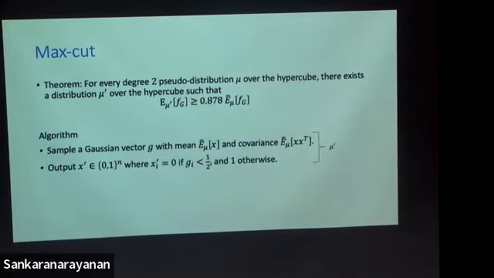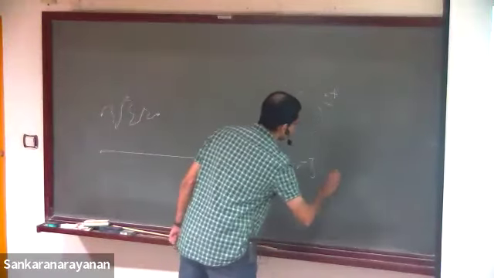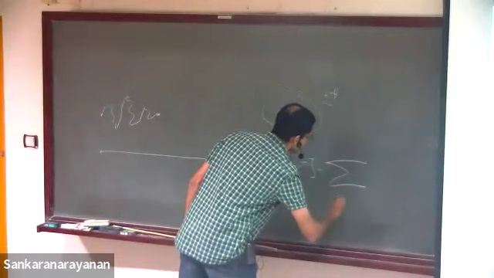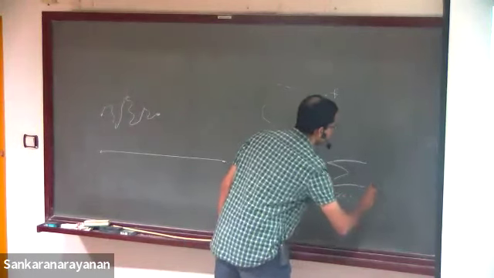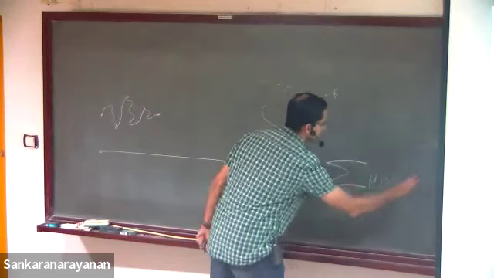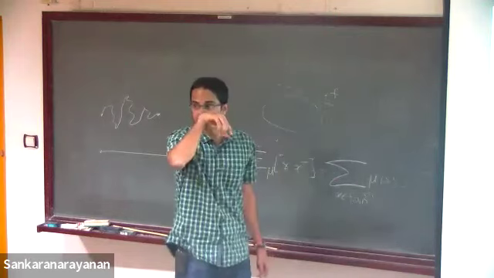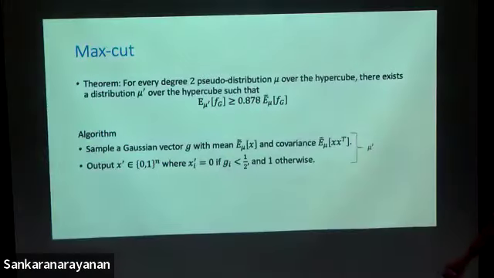When we say the pseudo distribution mu of xx transpose, what we mean is the summation over x in {0,1}^n of mu x times xx transpose. So that's what that means. And this is a pseudo distribution over degree 2 polynomials, so you have all those moments.